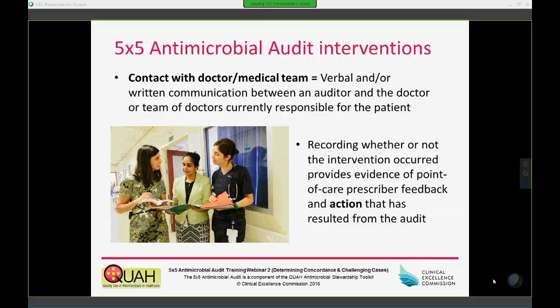One of the requirements for accreditation is that your facility monitors antimicrobial use and takes action to improve antimicrobial prescribing. So having evidence of an audit with an intervention is useful for meeting the National Safety and Quality Health Service standards.